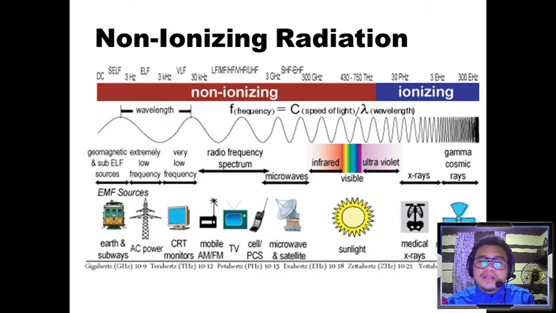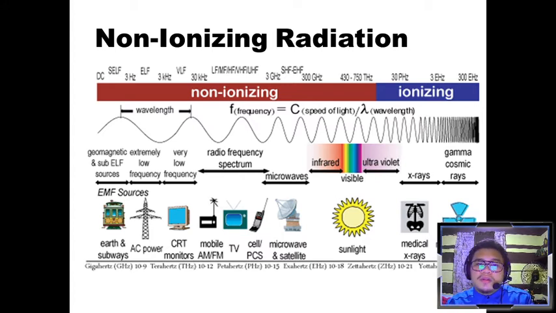Now, in contrast, non-ionizing radiation are those regions of the EM waves from radio, micro, infrared, visible light, and some of the regions of the ultraviolet spectrum.